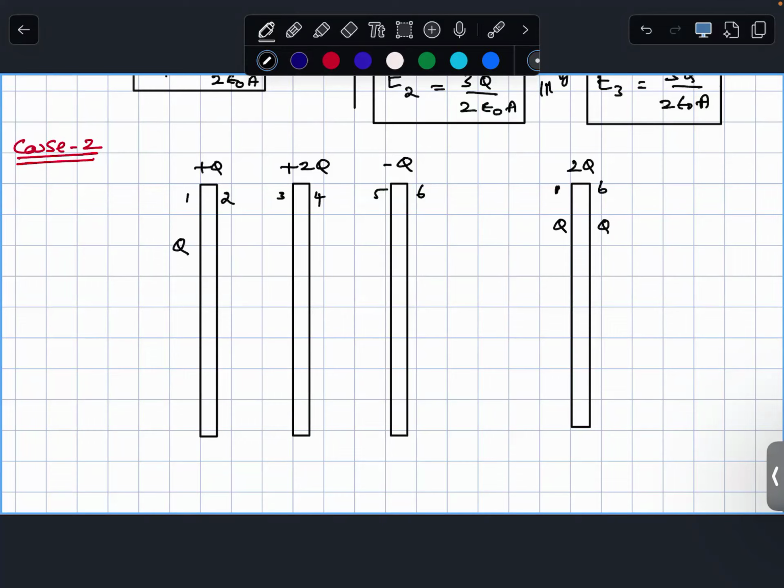First write Q here, next write Q here. But each plate is itself isolated, so each plate's charge must be conserved. Remember, I will dare to conserve the charge on each plate so long as the plate is isolated. Now this is 0.